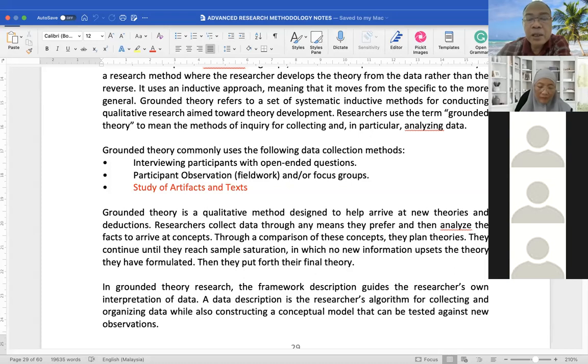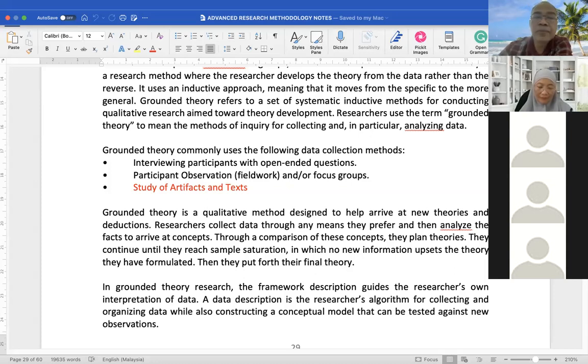Through a comparison of these concepts, they build theories. They start with concepts first, and then from the concepts, they try to compose or construct a theory. They continue until they reach a sample saturation, in which no new information upsets the theory they have formulated. Then they put forth their final theory.